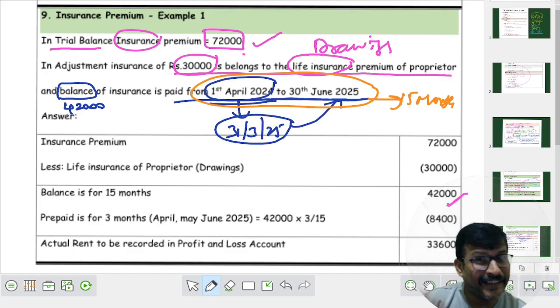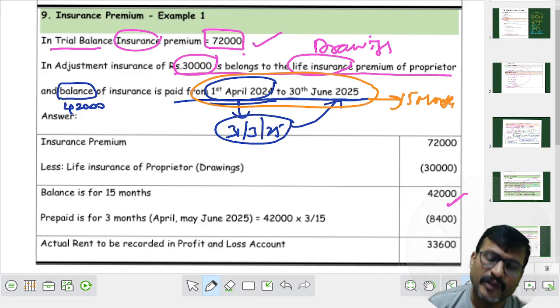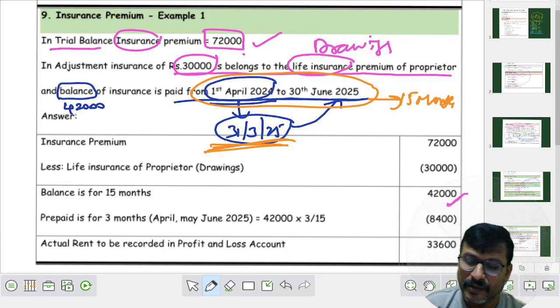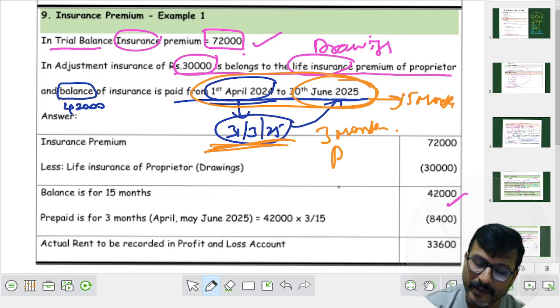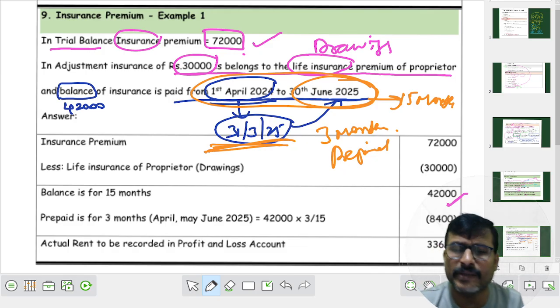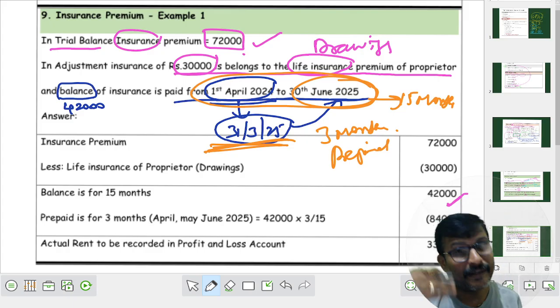In that 15 months, how many months are prepaid? You are closing your accounts on 31st March 25. You paid up to June 25. Means the prepaid is for 3 months. Are you understanding? Out of 15 months, 12 months belong to our financial year, the remaining 3 months is prepaid.